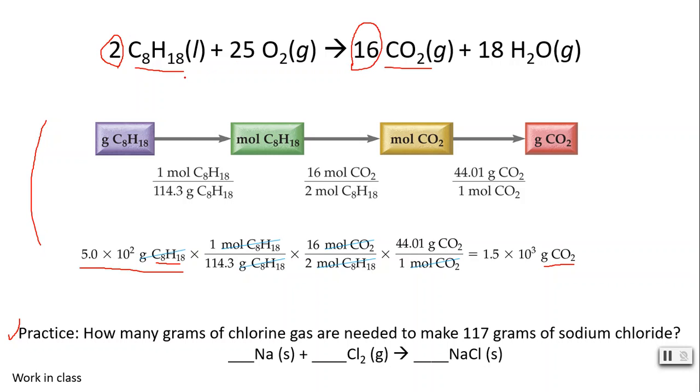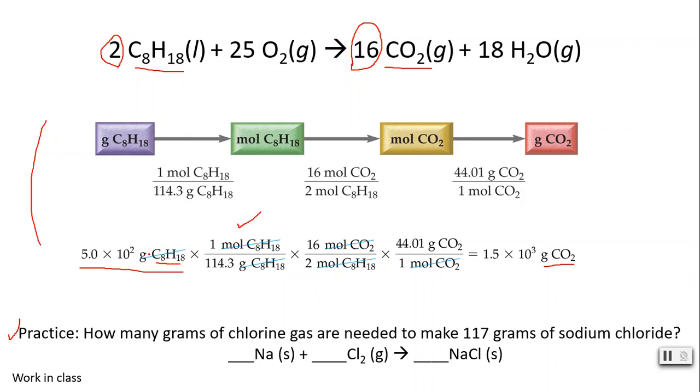So looking at that balanced chemical equation, I see I have 2 moles of C8H18 to every 16 moles of carbon dioxide. That's great, and we are going to use that, but before I can use my mole-mole ratio, I have to first get my C8H18 into our favorite unit, the mole, which is what is done with this first step.